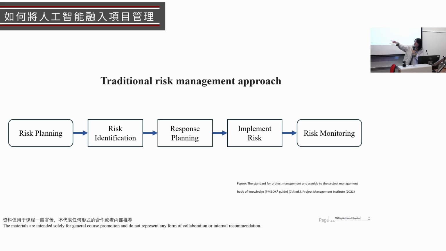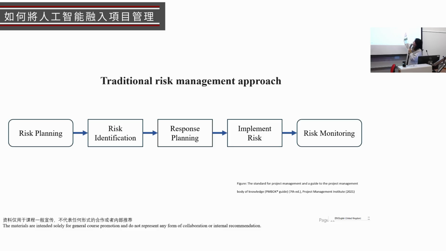At the very initial stage, we want to plan the risk management, and then we will consider some experience from the experts or the previous projects. We identify some potential risks, and then maybe the project manager or other people will plan some strategies to handle these risks.